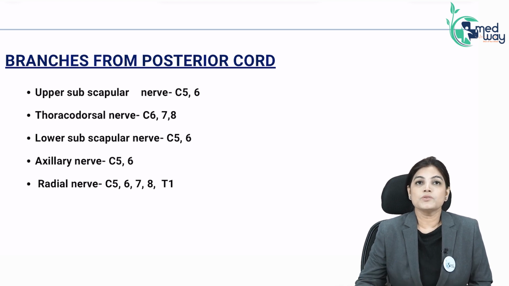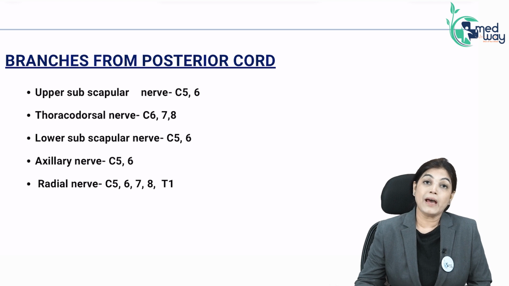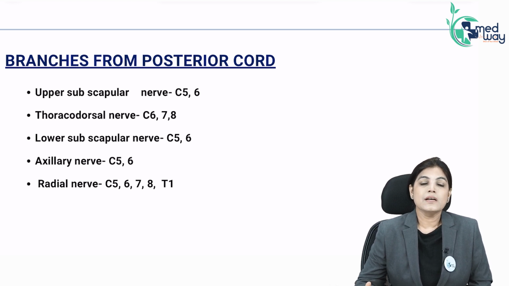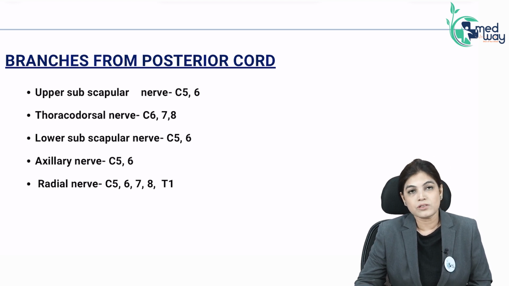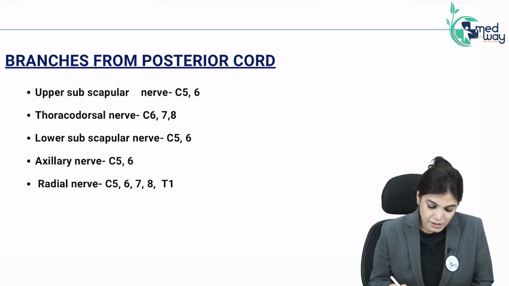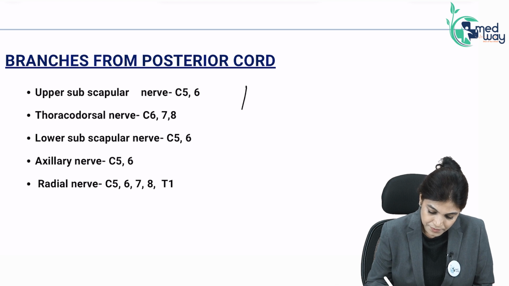So you did cleaning in your room and what you found? You found rats in the upper and the lower cell. The branches of the posterior cord can be memorized by the mnemonic rats in the upper and lower cell.